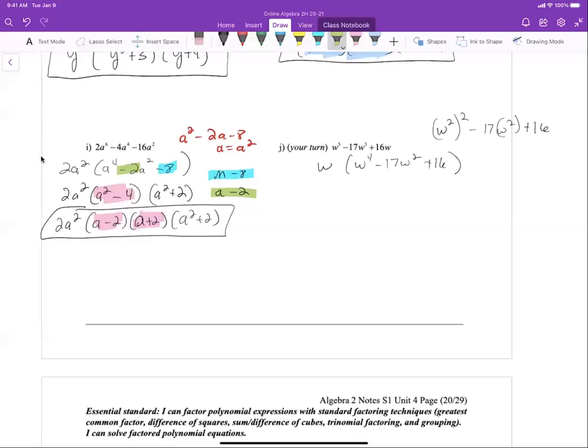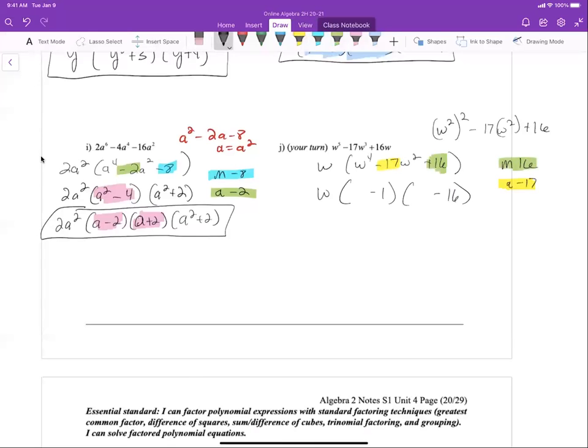When we have 3 terms, we look for a number that multiplies to a positive 16 and adds to a negative 17. And when you factor that, you will find that negative 16 and negative 1 multiply to a positive 16 and add to negative 17.